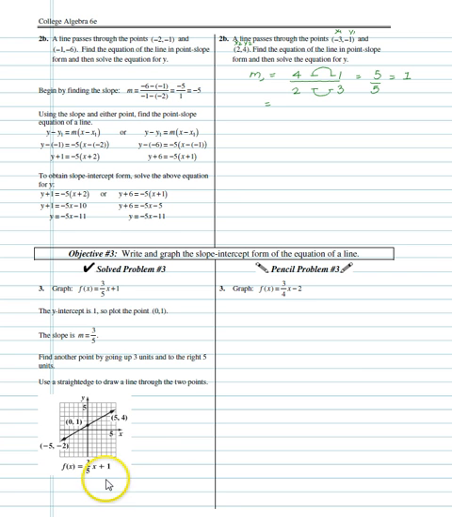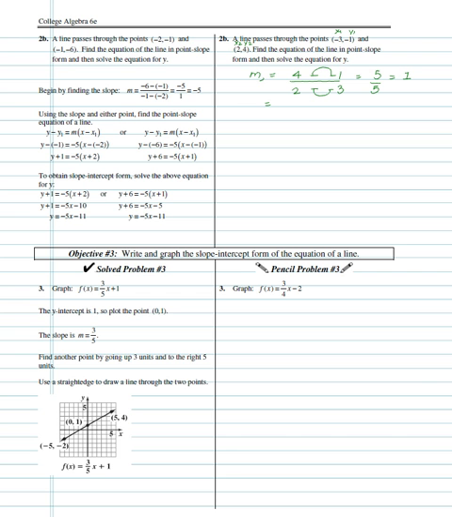Now that I have my slope, I'm going to use the point slope formula to find the equation of the line. Now the question is, which point should I use? It doesn't matter, you can use any point because both of these points lie on the line, so both of them have to satisfy the equation of the line. You can either pick (-3, -1), or you can pick (2, 4).